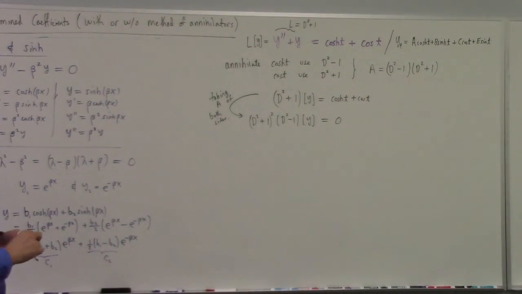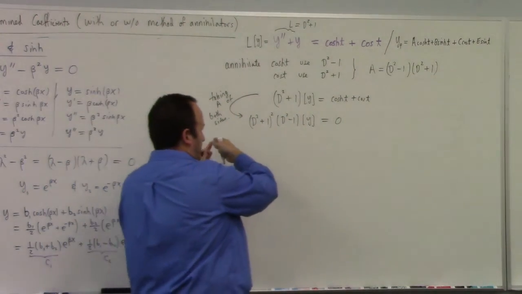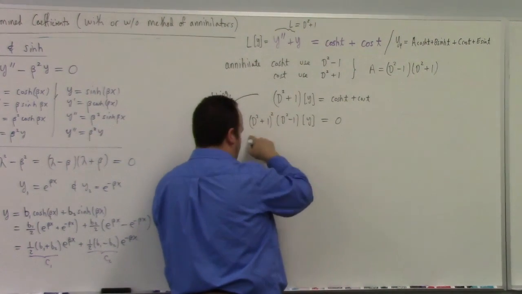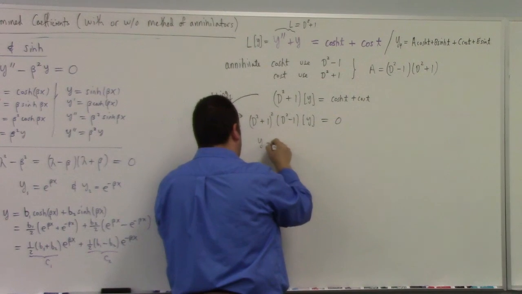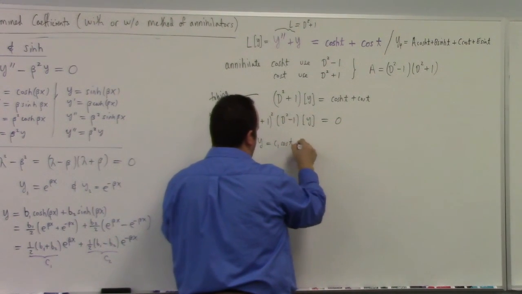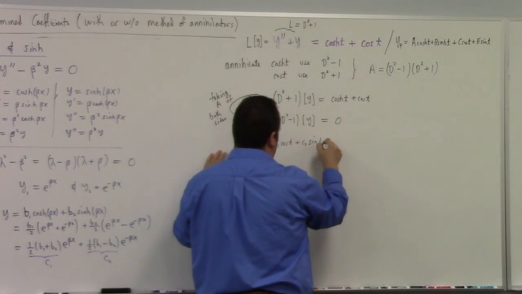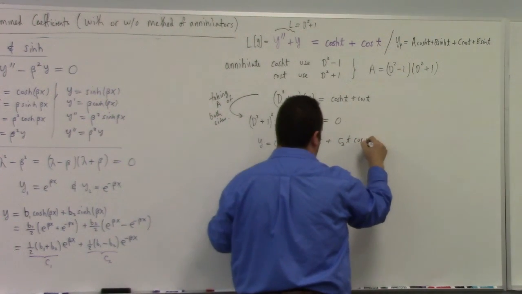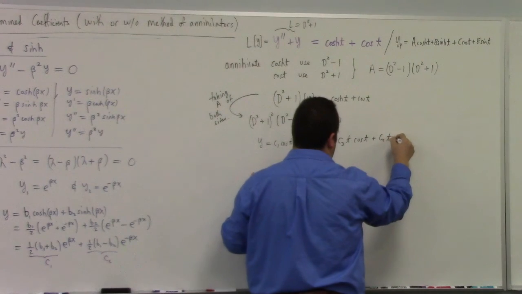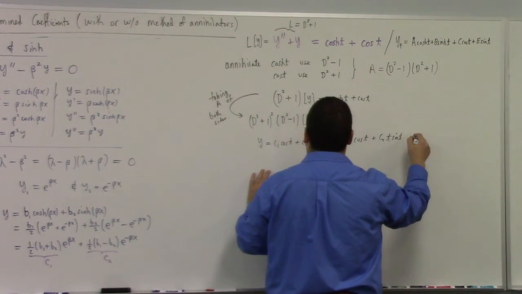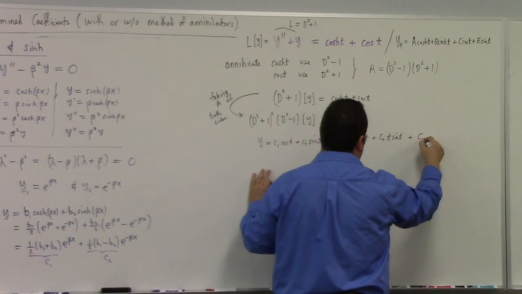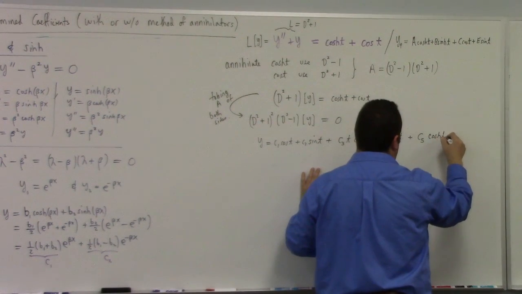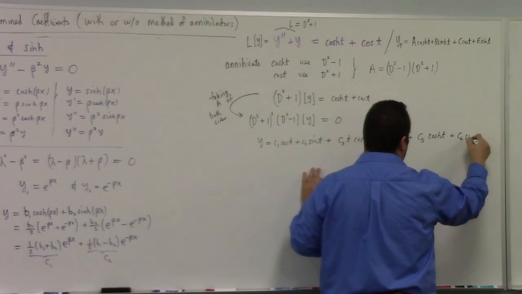They're the same, and that means that when you actually go to write the general solution to the corresponding homogeneous problem, we get y is c1 cos t plus c2 sin t plus c3 t cos t plus c4 t sin t, plus, and here's what I'm advocating, c5 cosh t, which is a natural way to go here, c6 sinh t.